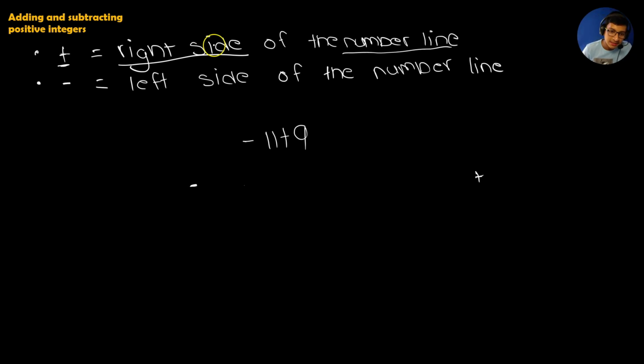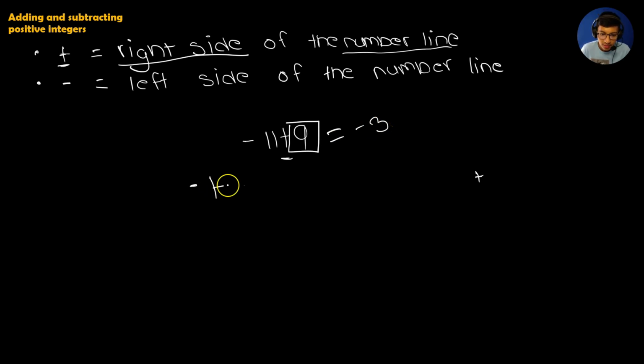It's a negative 11, so we're starting from the left side. And then we think, okay, we have a plus sign, so we know that we're going to be moving to the right of the number line, and by how much? We're moving by 9 times. And so if we just think about it, we're moving 9 times, we stop at negative 3.